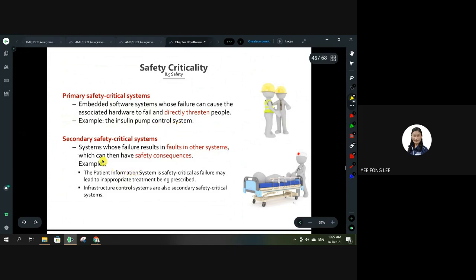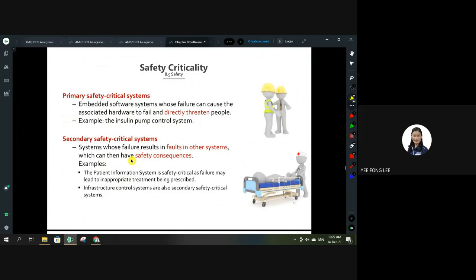How about the second category? Secondary safety critical software is software that can indirectly result in an injury. The word used here is indirectly. An example is software like a computer-aided engineering design system, where a malfunction might result in a design fault in the object being designed.